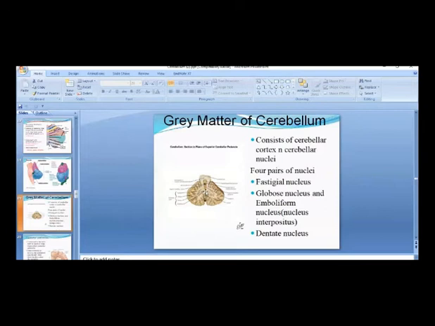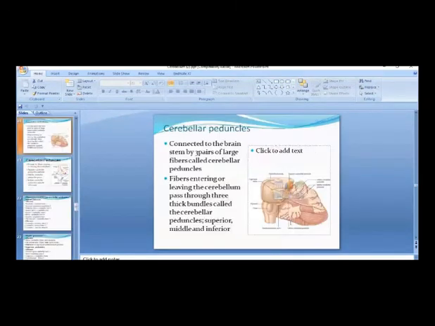So from medial to lateral, it will go like this: fastigial nucleus, globose nucleus, emboliform nucleus, and dentate nucleus. Whereas globose nucleus and emboliform nucleus are known as nucleus interpositus. Okay, so if we display the cerebellum and ask what are the nuclei present in the cerebellum, this should be on the tip of the tongue: fastigial, globose, emboliform, and dentate nucleus.